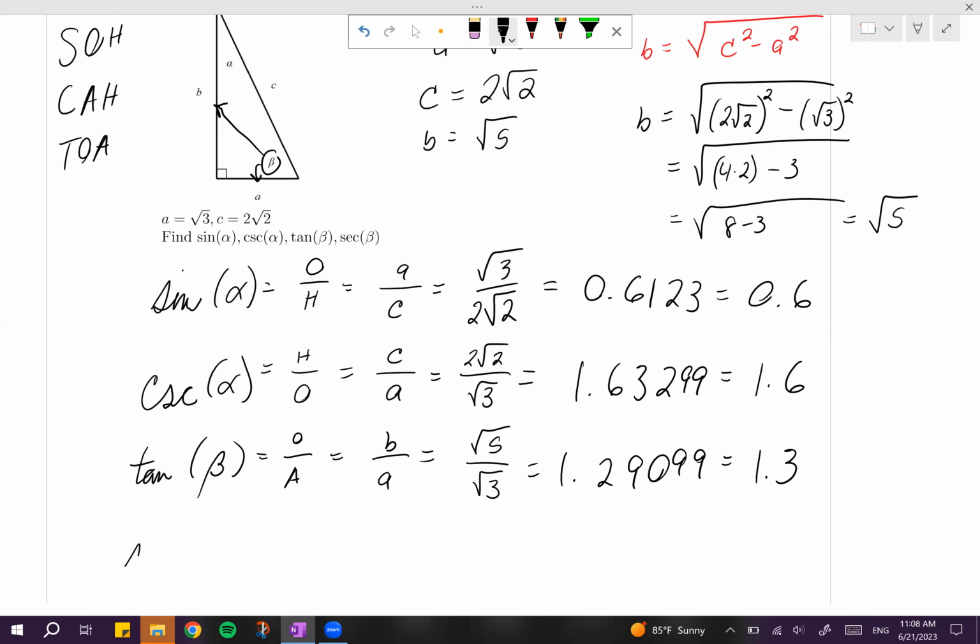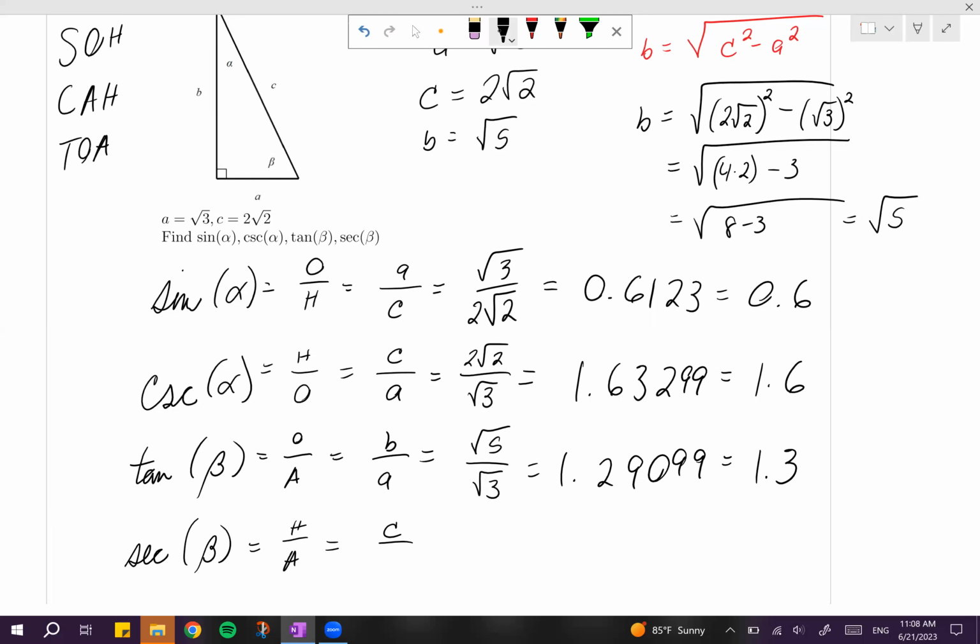Alrighty. And then secant of beta. Secant is the inverse of cosine. Cosine is adjacent over hypotenuse. So secant is hypotenuse over adjacent. Alrighty. Our hypotenuse is C over our adjacent to beta.